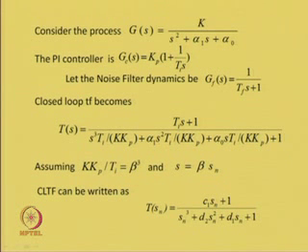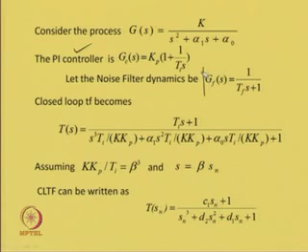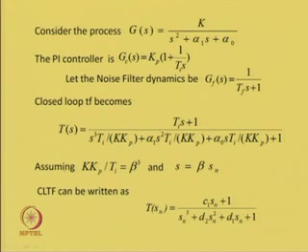Let the noise filter dynamics be given by G_F(s) = 1/(Tf s + 1). Why do we have interest in this particular type of PI controller form? The reason is that one pole zero cancellation can be initiated and we can get a simpler closed loop transfer function. This closed loop transfer function one obtains provided Tf is equal to Ti.